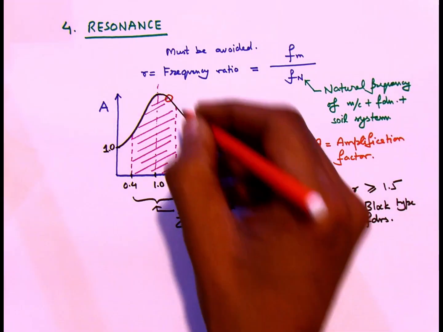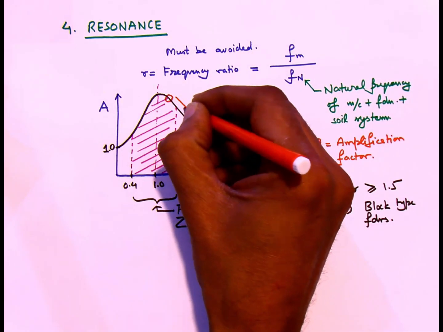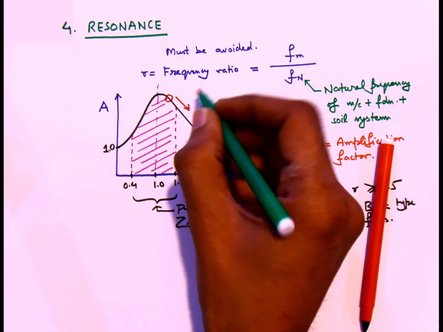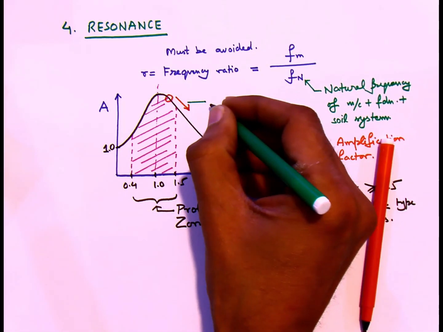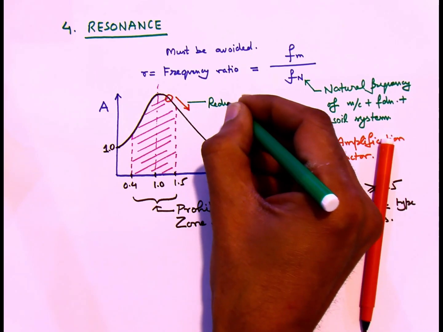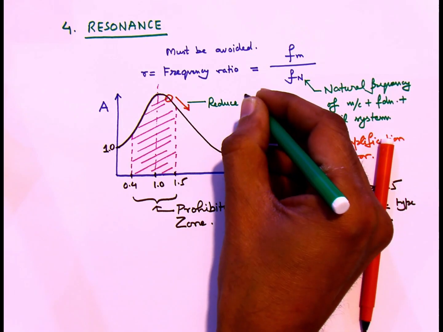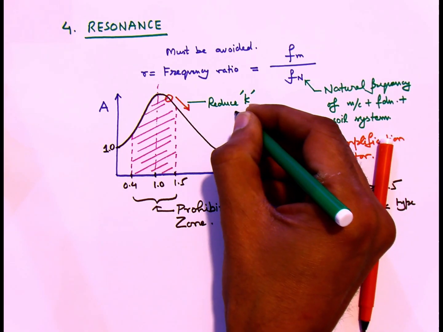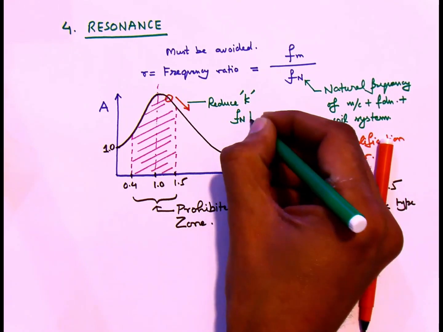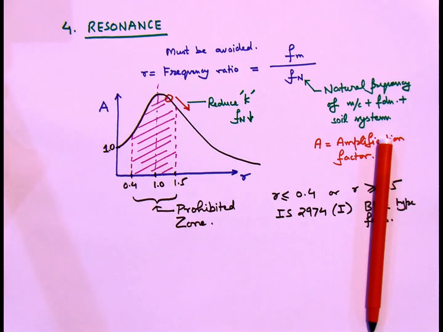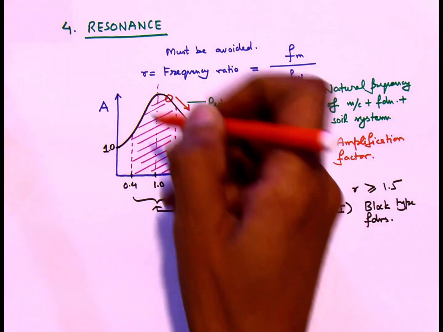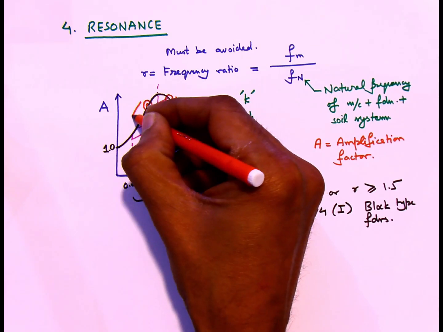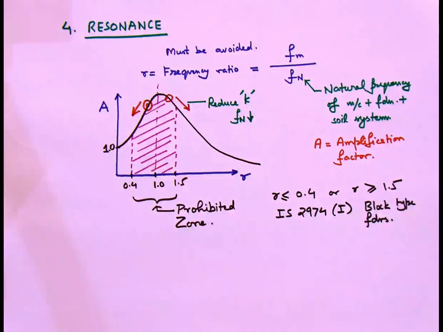Machine foundation design is an iterative procedure. We may assume certain dimensions, and after the calculations we may find that we are lying in the prohibited zone. If, for example, the value of the frequency ratio is greater than 1 but less than 1.5, that means if we reduce the stiffness of the system, then Fn will go down, and that will increase the ratio and take the point to the right side of the prohibited zone.